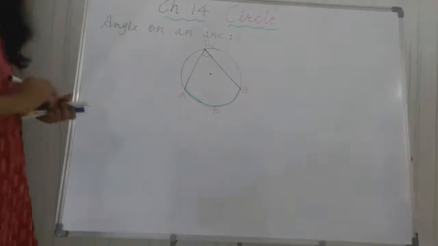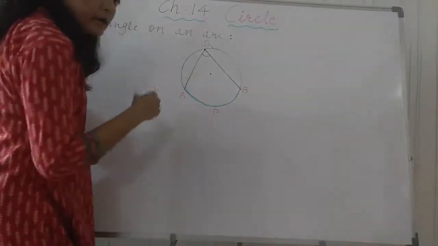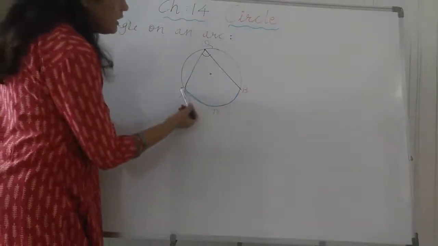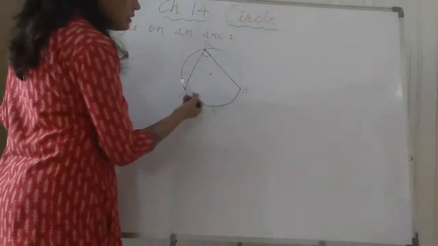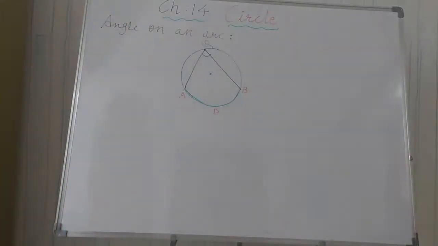Whenever in the question it is written that angle subtended on an arc, here AQB is an angle subtended on arc APB. So this is the very important thing students to understand.